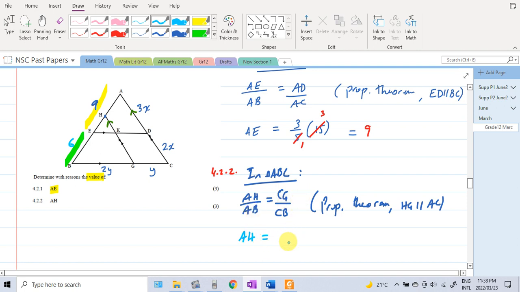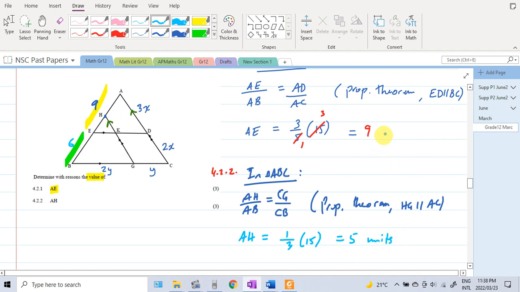AB is already 15, so CG over CB, CG is Y over 3Y, so in other words 1/3, right? So we have 1/3 into 15, so 15 divided by 3, which is 5 units.